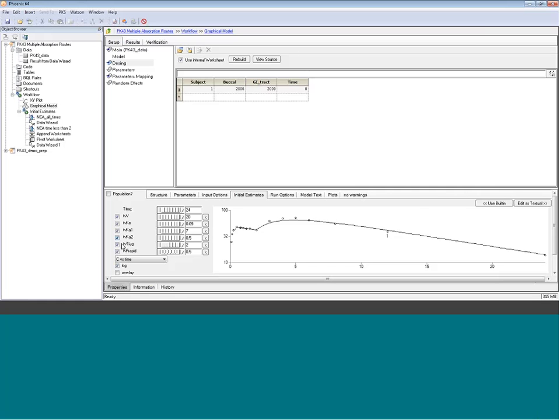If I check these boxes here, this ensures that these are all positive, so we do not have negative values for the initial estimates. And we'll go ahead and copy these to the initial estimates. And at this point, we're ready to run the model.